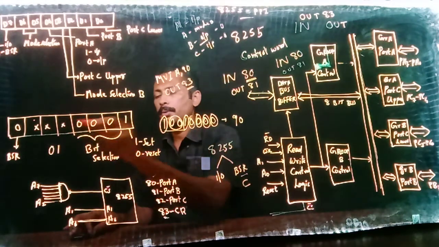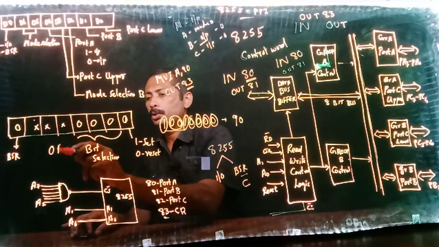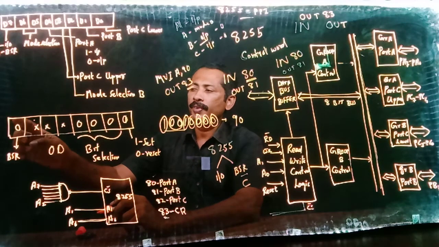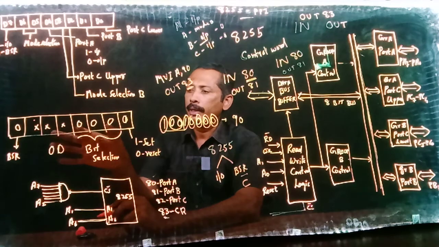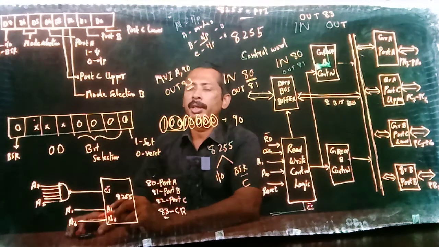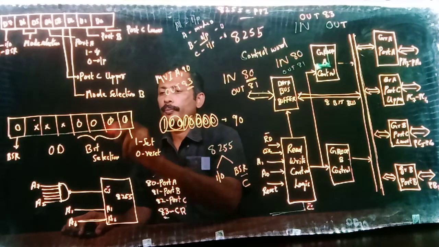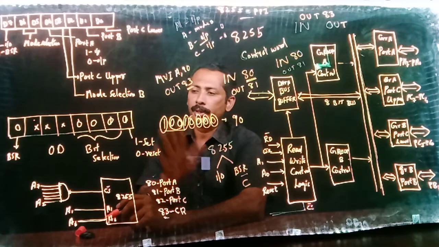Okay. അതുപോലെ നമുക്ക് എന്ത് ചെയ്യാം? ഇത് 0 ആക്കണമെന്ന് കൊടുക്കാം. ഇതിപ്പോൾ 0 0 കൊടുത്തിട്ട് OUT 83 കൊടുത്താൽ, since this first bit is 0, it works in BSR mode. And this is the bit selection, this is the set or reset indicator.